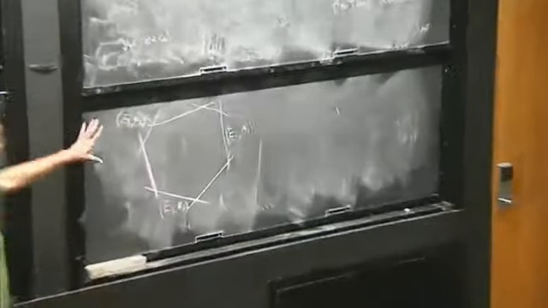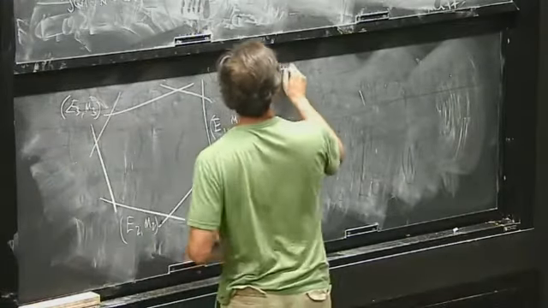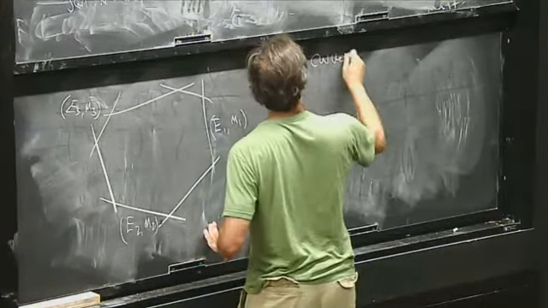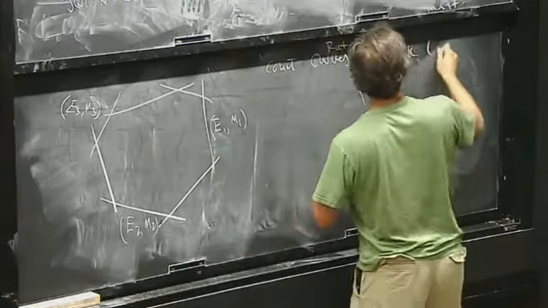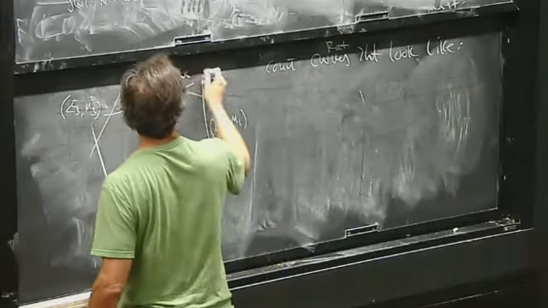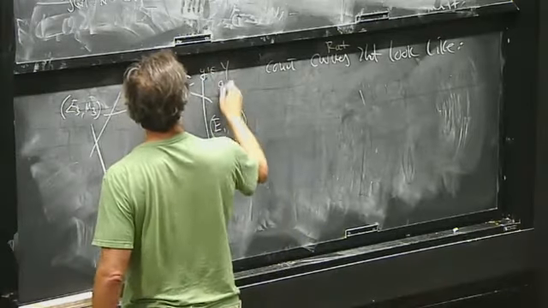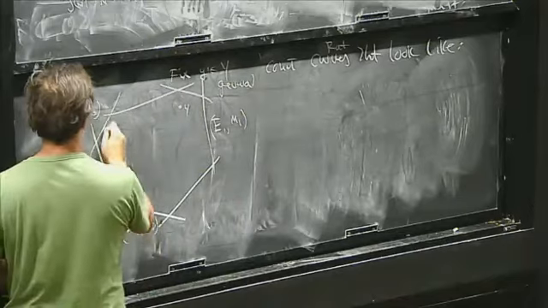And I want to get a number out of this picture. So what I do is I count rational curves that look like this. First fix a general point. Here's my point Y, and then I take rational curves that look like this.